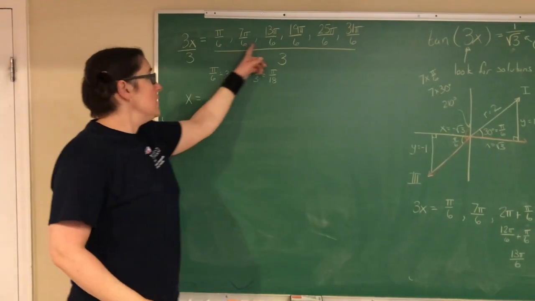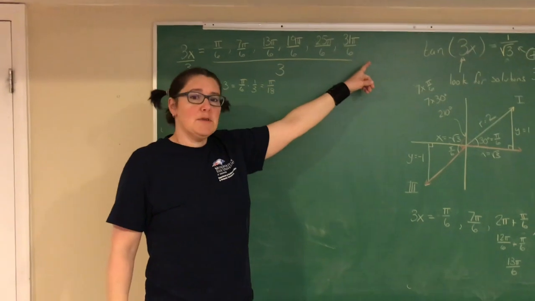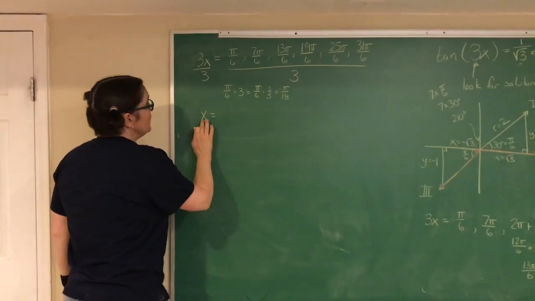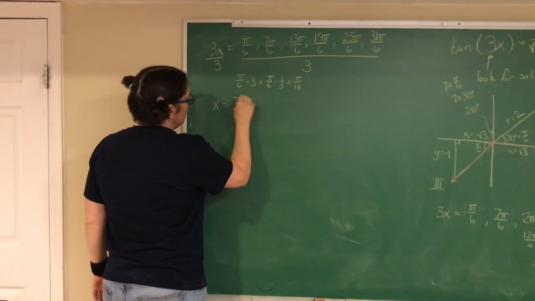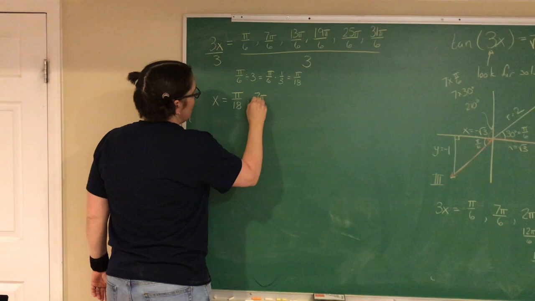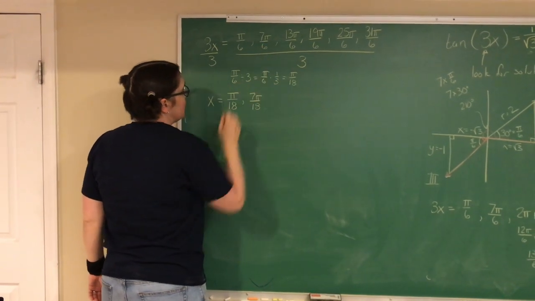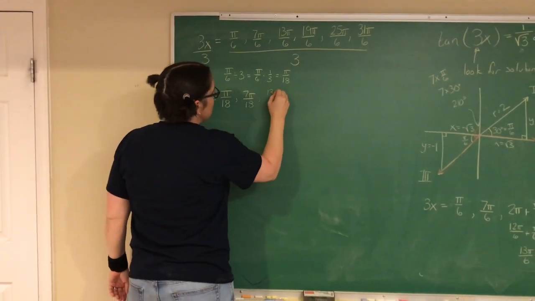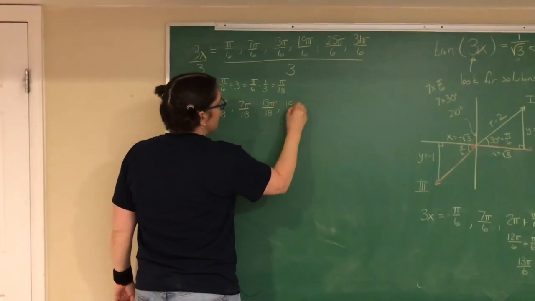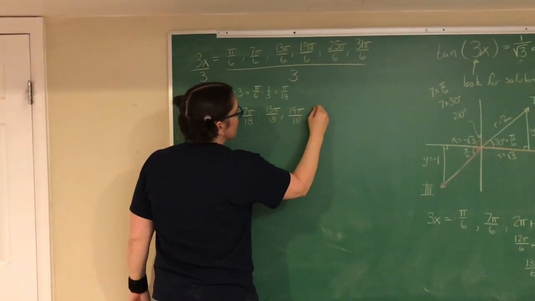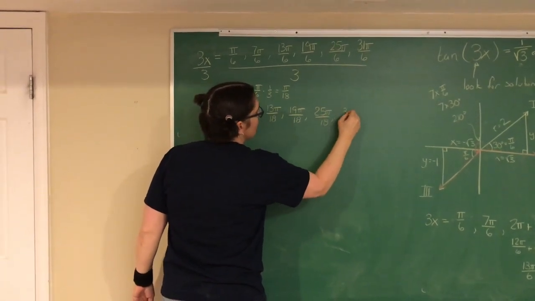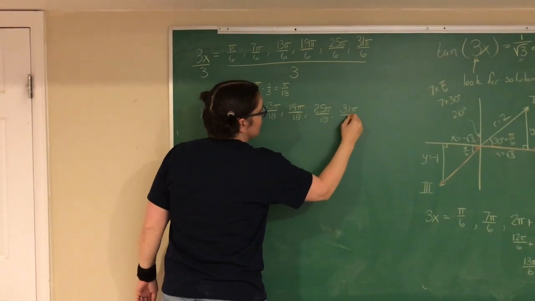And in fact, all of these denominators of 6 are going to become denominators of 18 when we divide by 3. So our angle of x is going to be possibly pi over 18, 7 pi over 18 when we divide by 3, 13 pi over 18, 19 pi over 18, 25 pi over 18, or 31 pi over 18.